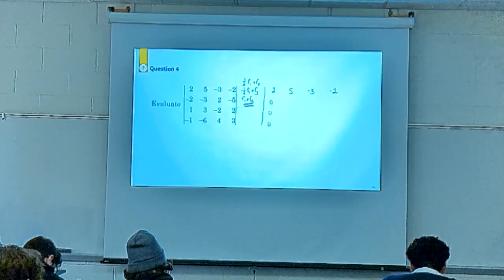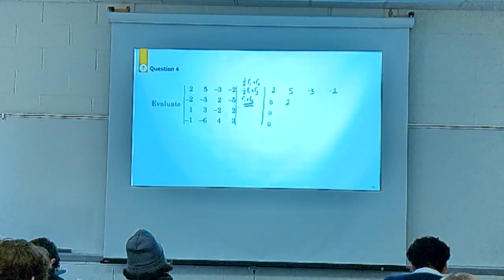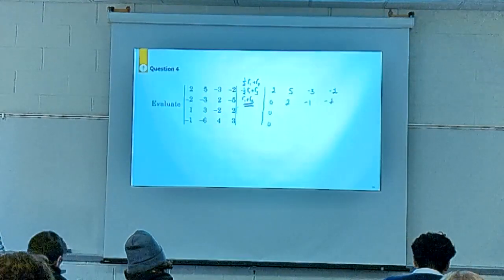Five minus 3, negative 3 plus 2, negative 2 minus 5, so that's the second row.